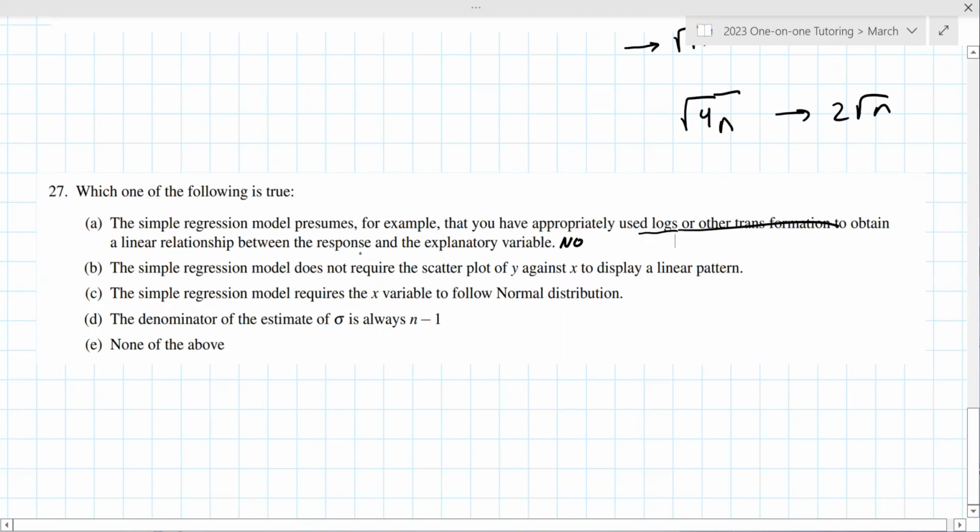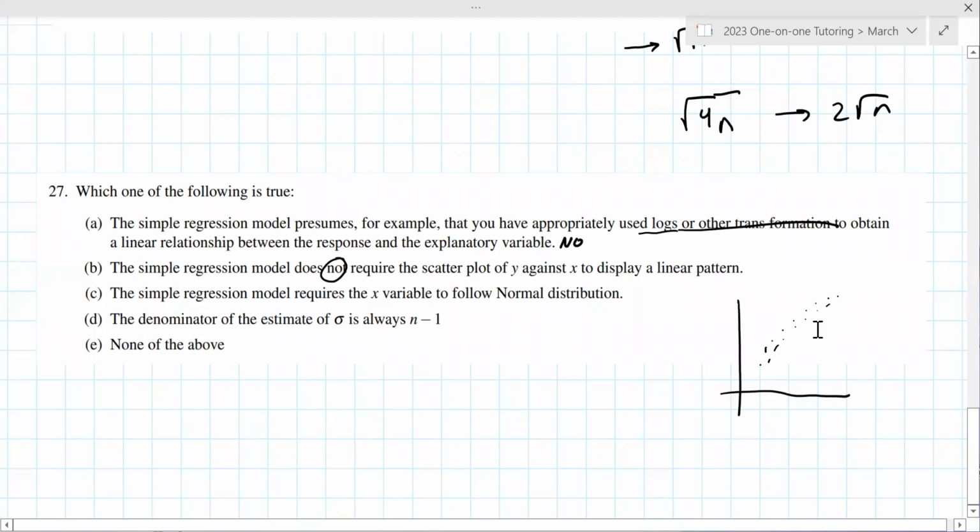How about B? Does it require the scatter plot? Would you run a regression analysis on that? You could.